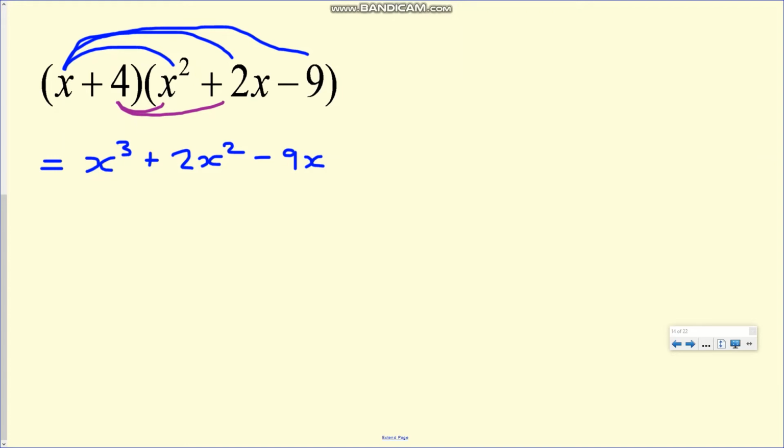So again, we've got inner, middle, and last in our FOIL. So plus 4 times x squared is plus 4x squared. Plus 4 times plus 2x gives you plus 8x. And finally, plus 4 times minus 9 gives you negative 36.